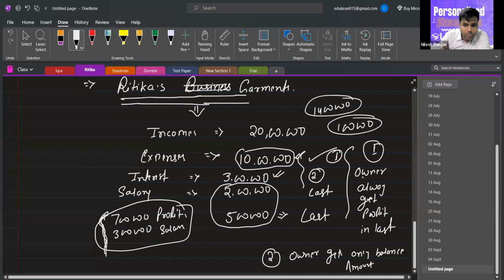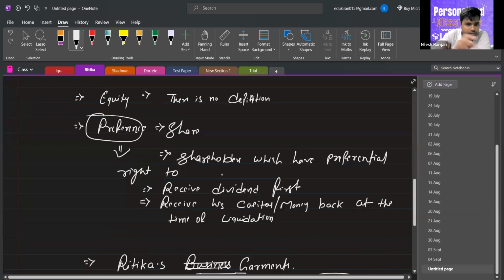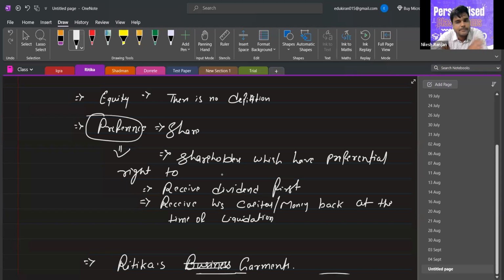Now, in both of these, in equity and preference, who is getting money in the last? Equity shareholder. And whose profit or share is not fixed? Equity shareholders. Because preference share, if he is getting money first, receives dividend first, then a rate will be fixed.